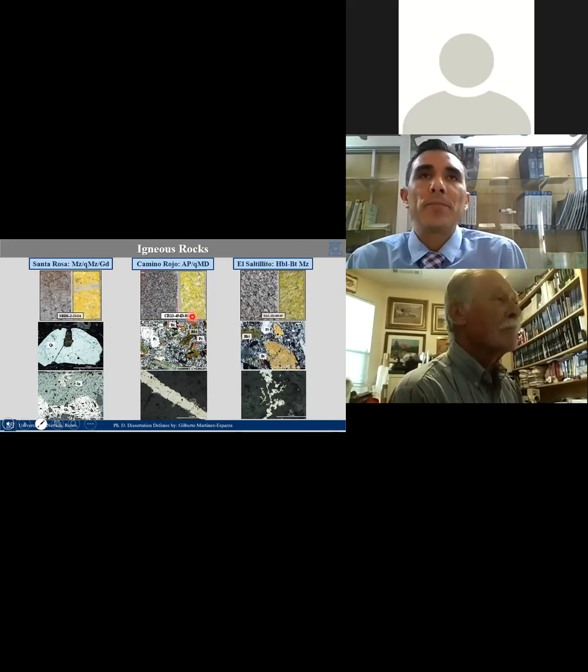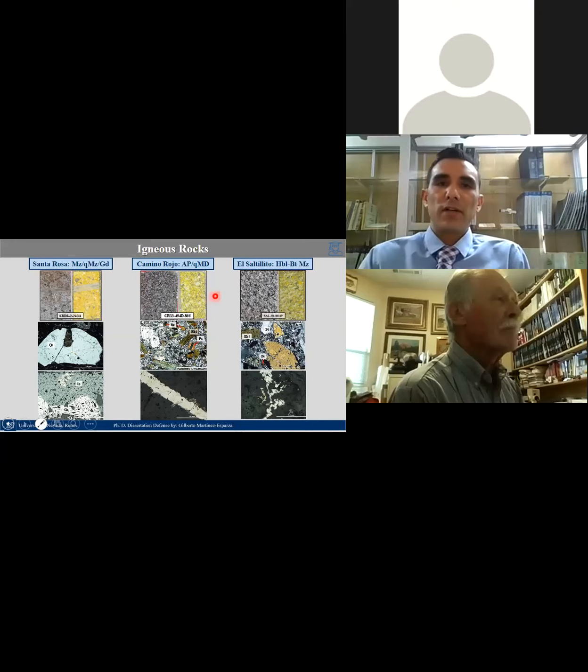Here, the main alteration is potassic alteration overprinted by phyllic alteration. At Saltillito, we have a hornblende biotite monzonite, which is related with the mineralization, a first stage of potassic alteration, and one of the most important alterations as well is calc-silicate alteration.